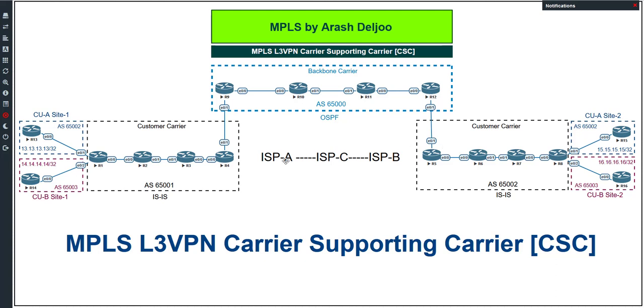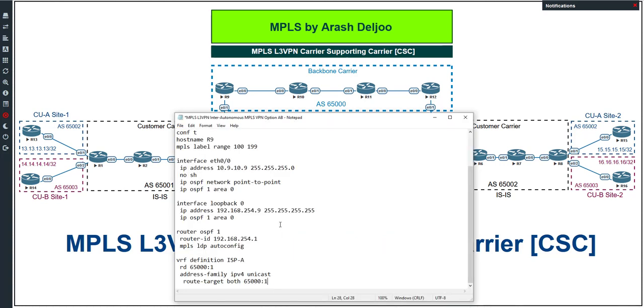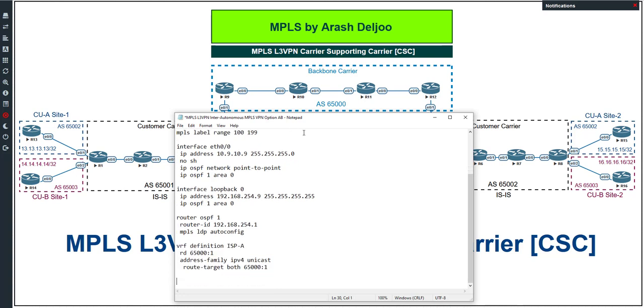Because of that, both of them are the same, like the two sides of a customer. Let me configure the same route target import and route target export for these ISPs. Route-target both 65000:1. That's it.